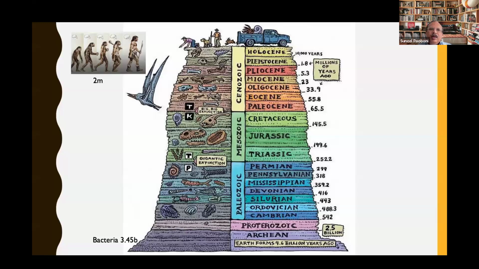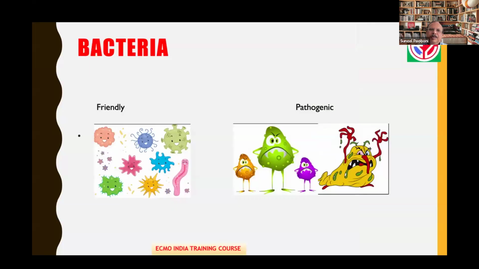So we cannot ask the bacteria, which have been in this world for 2.5 billion years, to disappear all of a sudden. It is not going to happen. So coexistence is probably a better way of living together, in case that is possible.